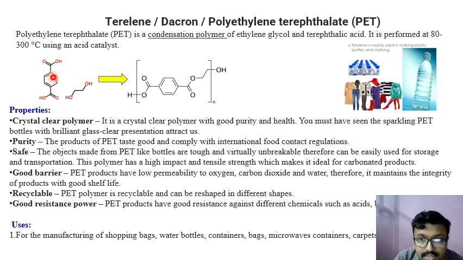So it is called terephthalic acid. When we react this terephthalic acid with ethylene glycol, we get a condensation polymer called polyethylene terephthalate. This COOH group reacts with this OH, one ester is formed, and another ester is formed. So polyethylene terephthalate is called a condensation polymer.